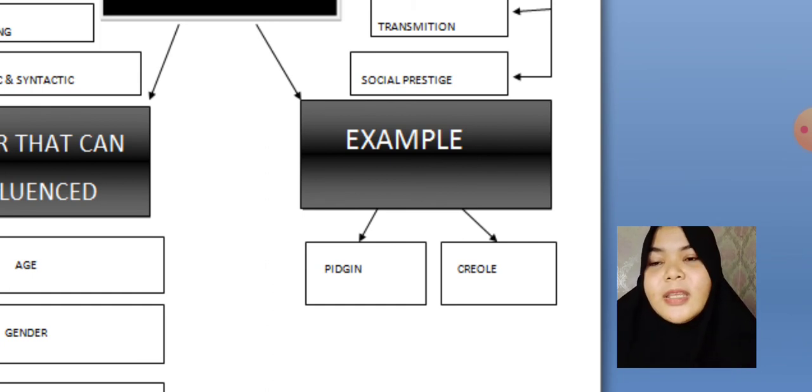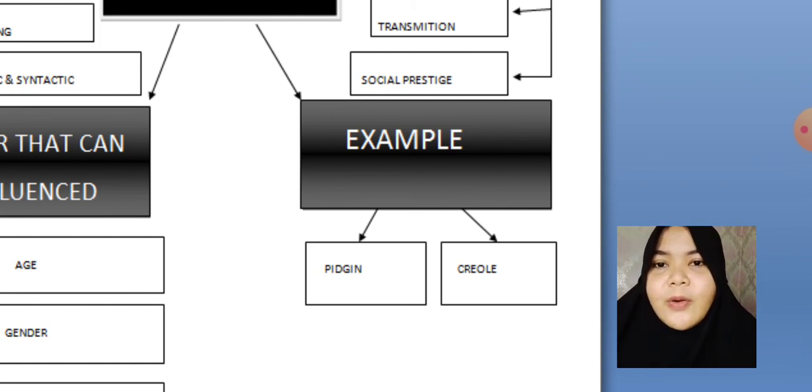So that's what we call pidgin, and now we go to Creole. Creole is the further use of pidgin, which forms a new language. Creole has its native speakers, while pidgin does not.